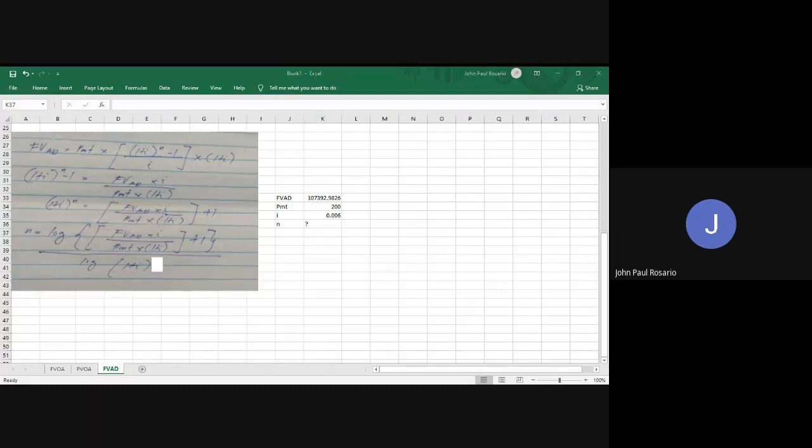Then 1 plus 0.072 over 12, then plus 1. And then log of 1 plus 0.072 over 12. So did you get 240?